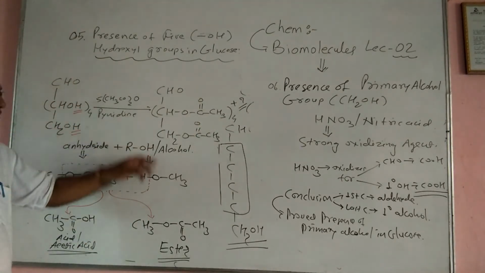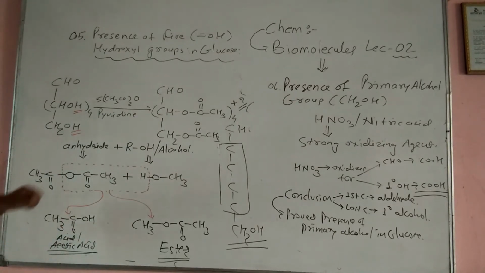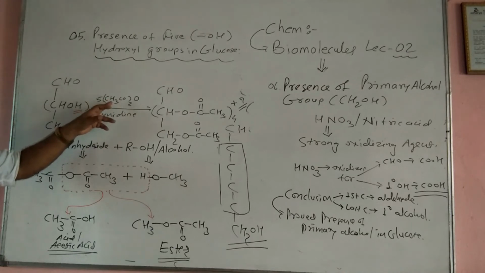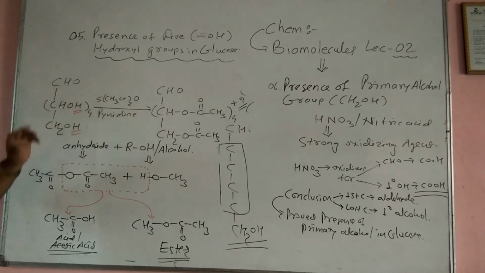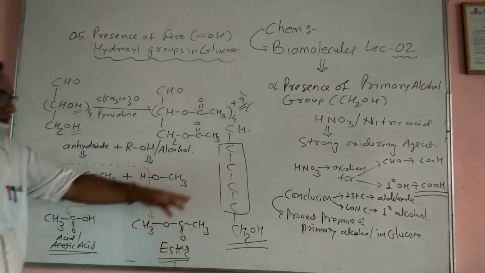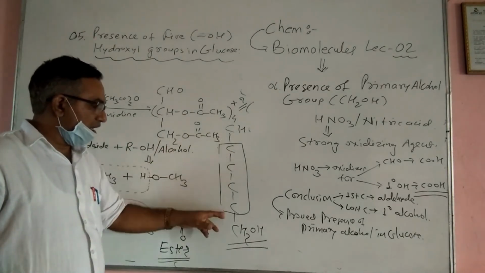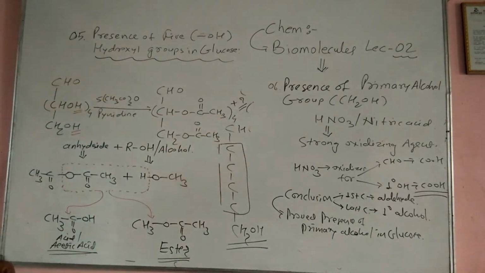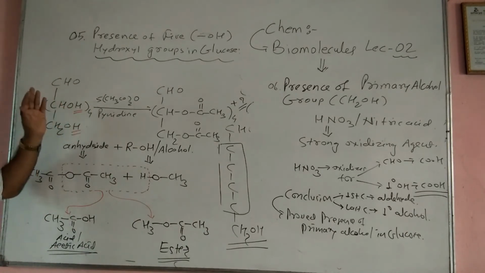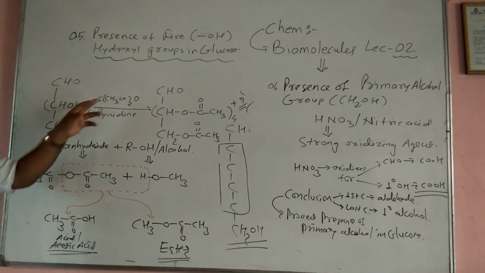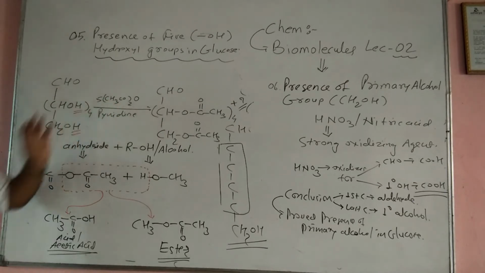So see here what happens. Acetyl groups from the acetic anhydride can occupy the positions of the active hydrogens, because glucose has alcoholic groups: four OH groups at the chiral carbons in the center, as well as one OH group at the bottom. The active hydrogens are replaced by the acetyl groups of the acetic anhydride.